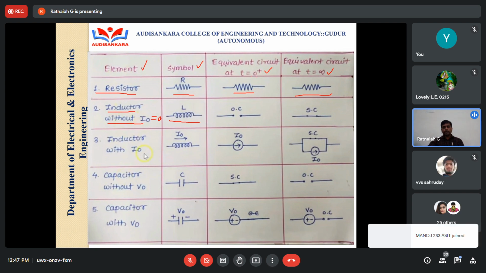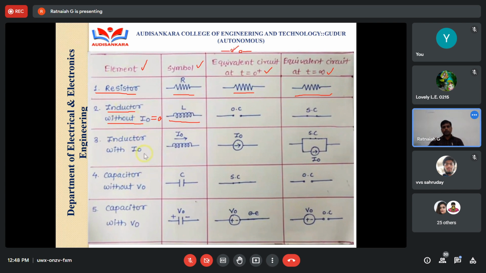At t is equal to 0 plus, that is, immediately after closing the switch, the current through the inductor is 0 generally.